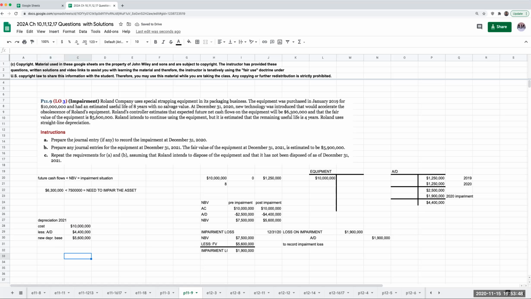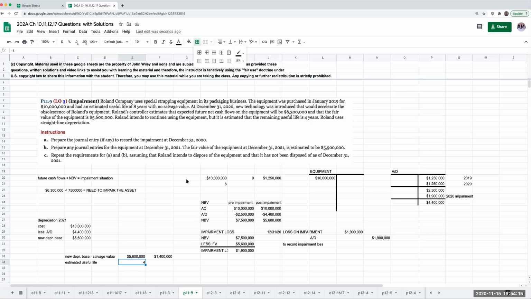So if I'm going to be using this again, it's going to be the acquisition cost, or basically here my new depreciable base, minus the salvage value, which is still going to be 0, divided by my estimated useful life. So this is going to be 5.6 million divided by 4, or 1.4 million. Okay.